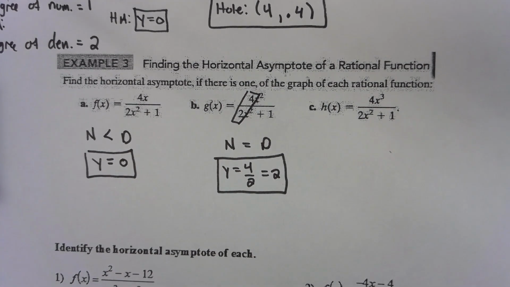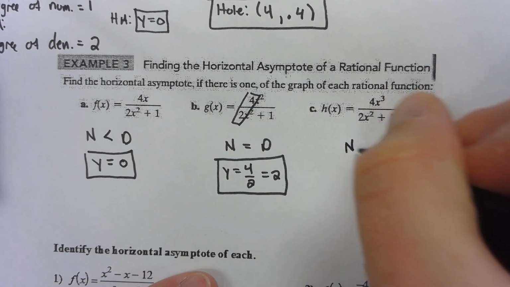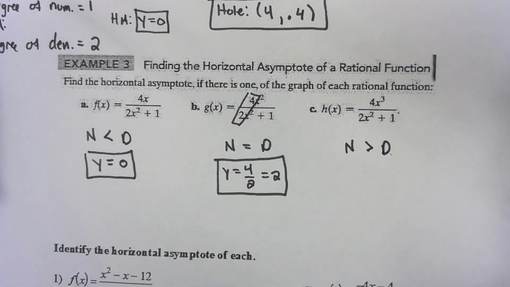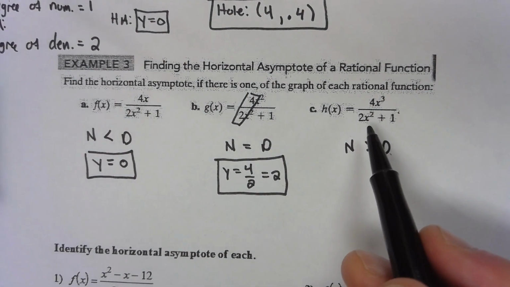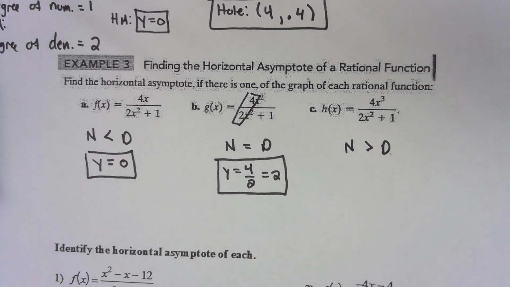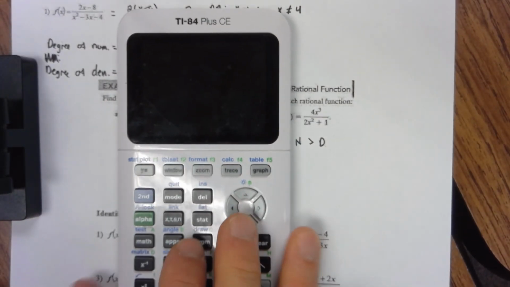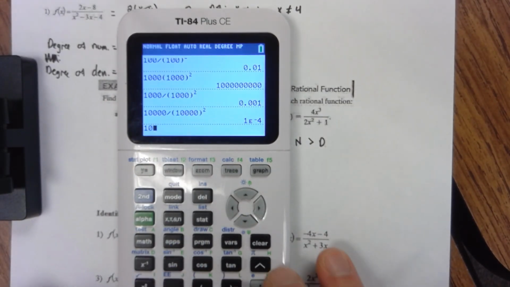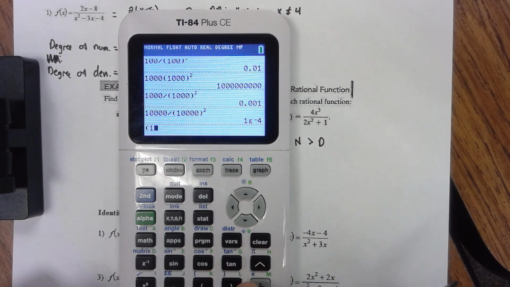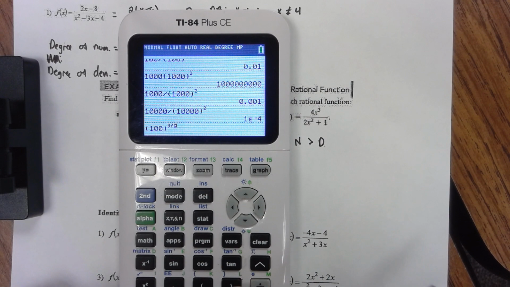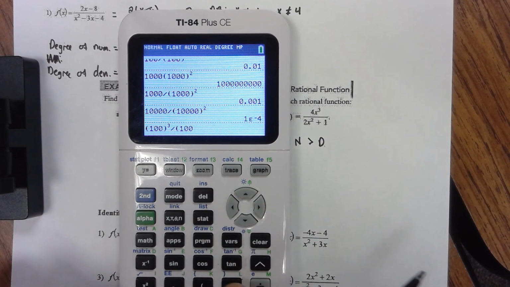And then the last one, now my numerator is greater than the denominator. So cubing and squaring, as we cube numbers, the top gets really big. Okay, and if I show you kind of what I was doing in the calculator earlier, look what happens when I take 100 cubed and divide it by 100 squared.